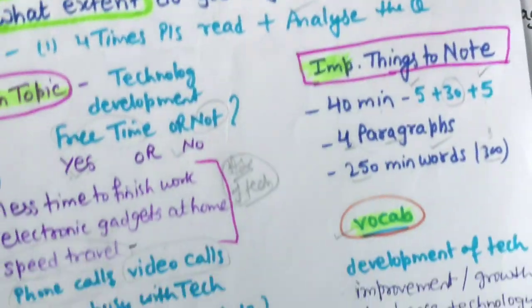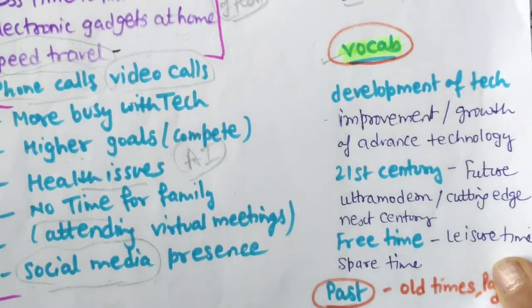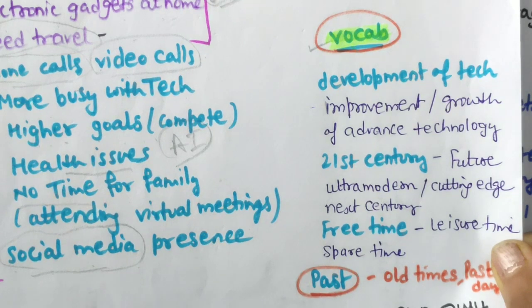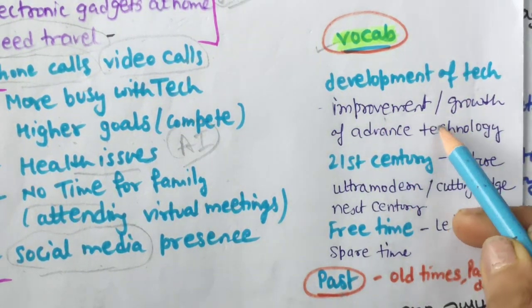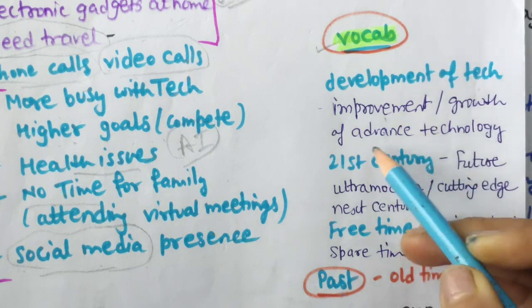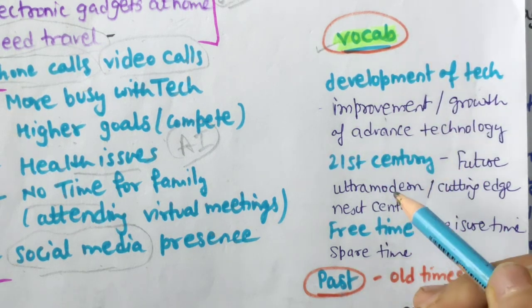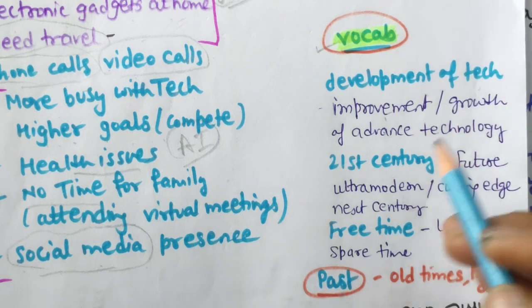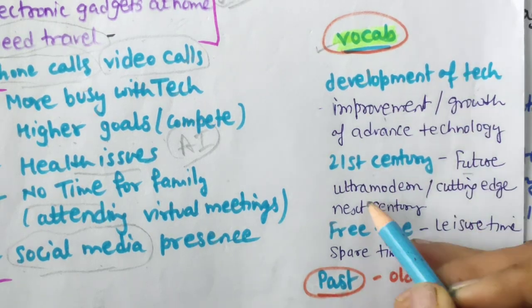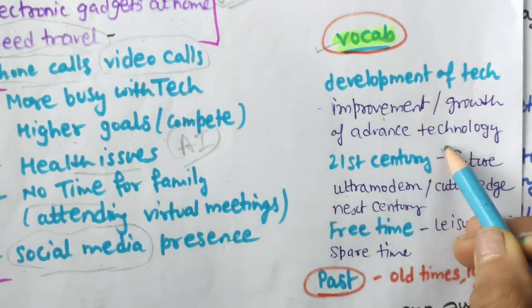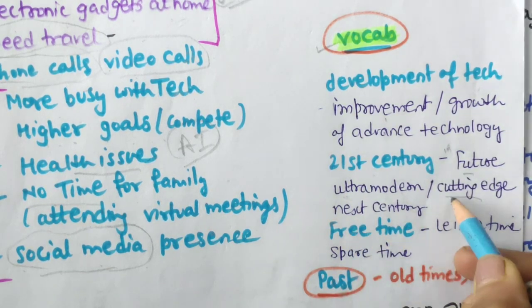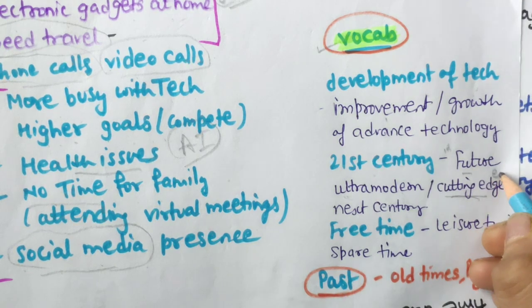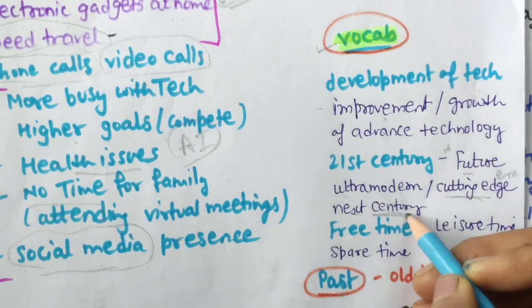There is some vocabulary, or synonyms, that I have written; you can see this. Development of technology: you can write improvement of technology, improvement in technology, growth of advanced technology, so many things you can write. For 21st century: future, in future, ultra modern time, or cutting edge era, or next century.